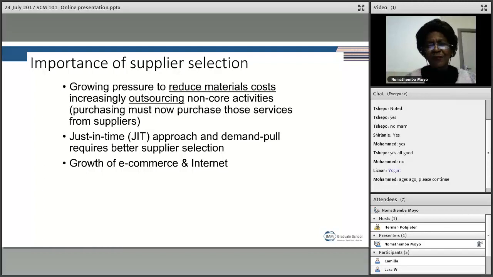Remember, now we have so many suppliers. You can even order from across the seas, not necessarily in the SADC region in Africa. Then the just-in-time approach and demand pull. Demand pull is when the demand is coming from the customers that are pulling the products down.